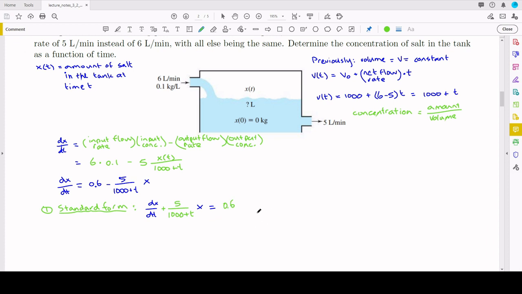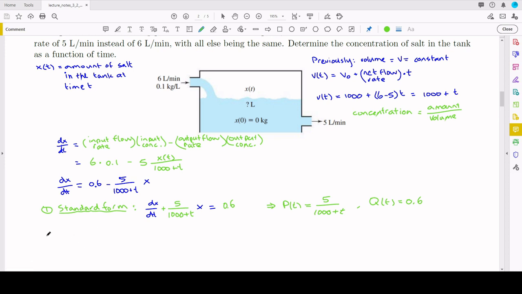So from that standard form, we then see that our P of t is 5 over 1000 plus t, and our Q of t is 0.6.